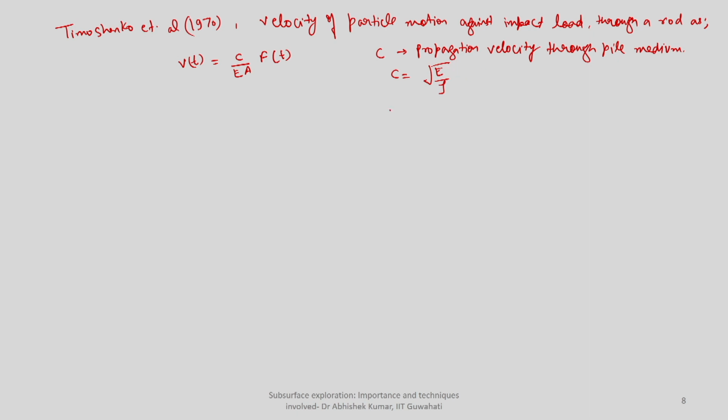E is Young's modulus and rho is the mass density of the medium. A is the cross section area of the pile.